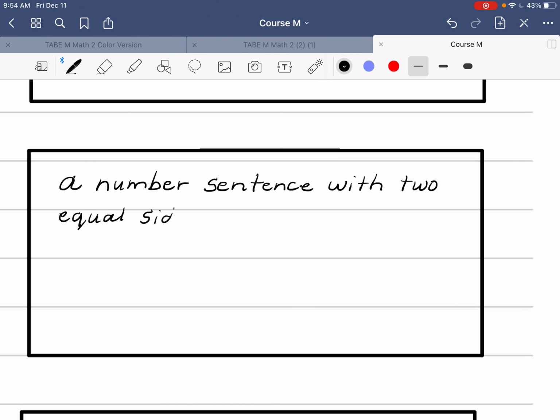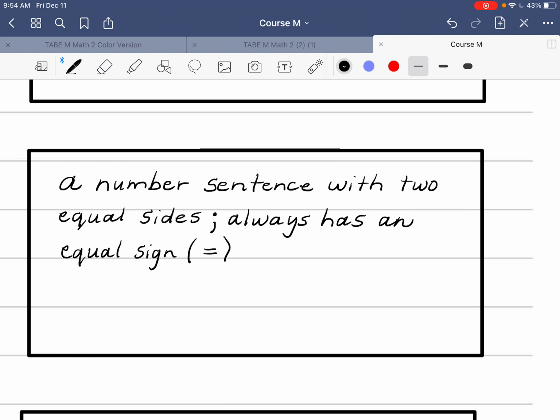And an equation must always, without exception, have an equal sign. If you're not seeing an equal sign, you're not seeing an equation. So an equal sign shows me that I'm dealing with an equation.